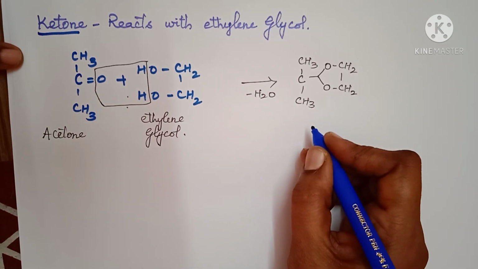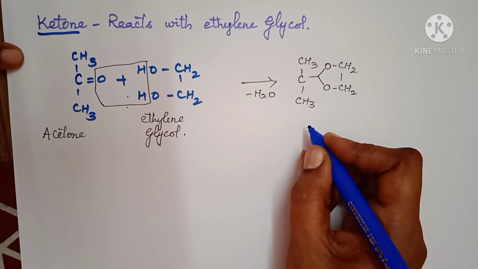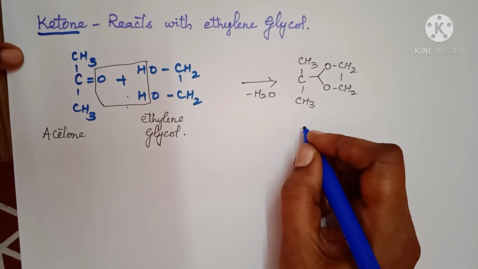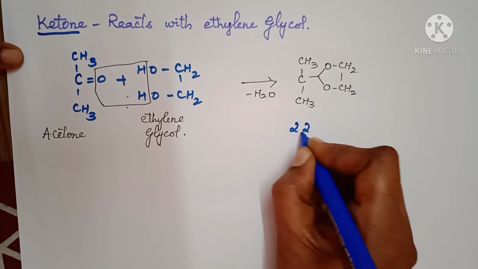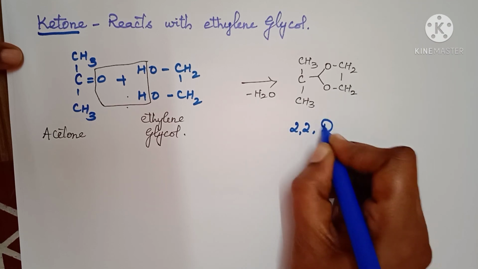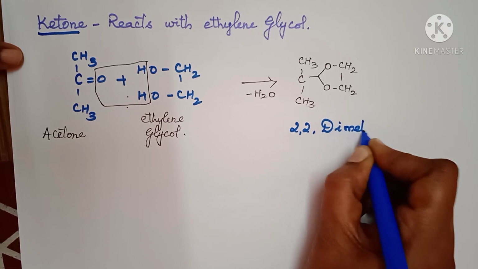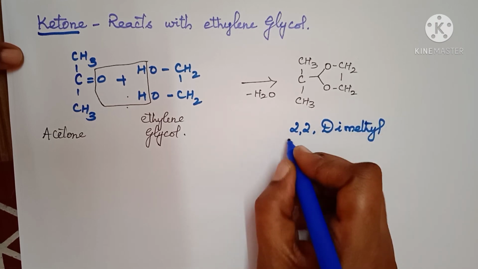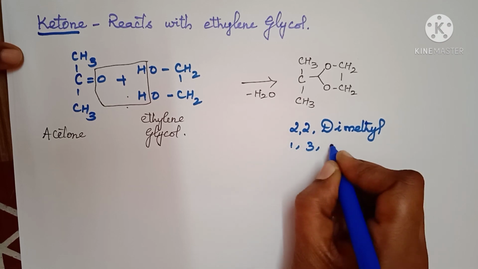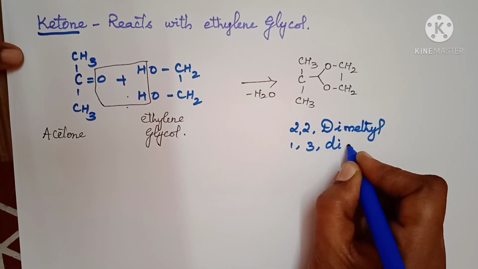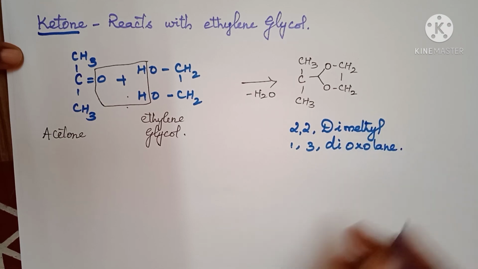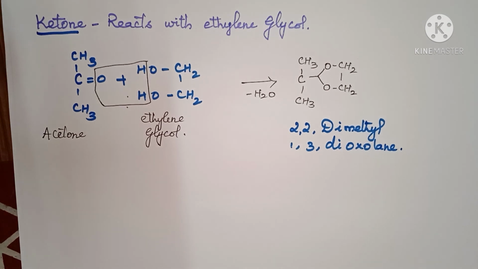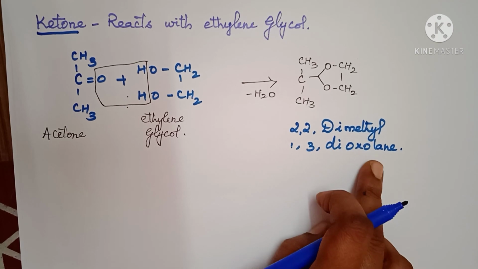Ketal, which is the ketone form, like acetal with acetaldehyde. 2,2-dimethyl-1,3-dioxolane. Oxolane we can say. Oxime is what comes with ammonia derivatives. It is dioxolane.